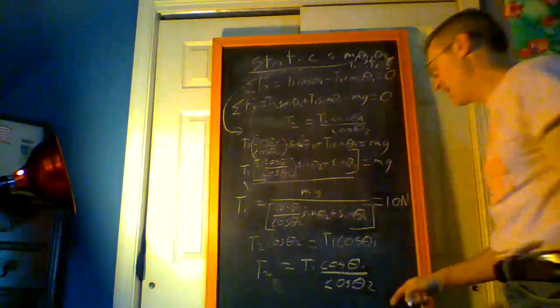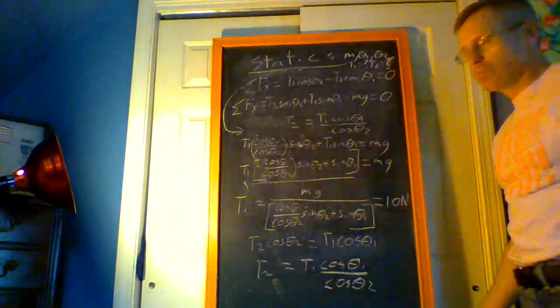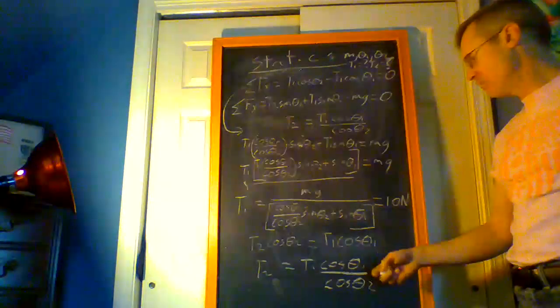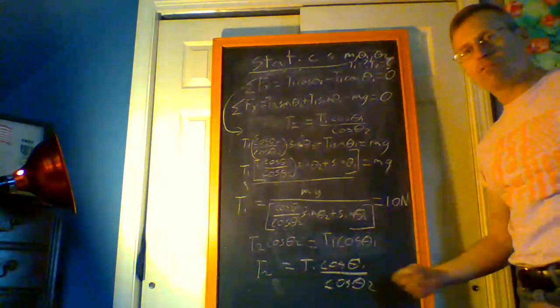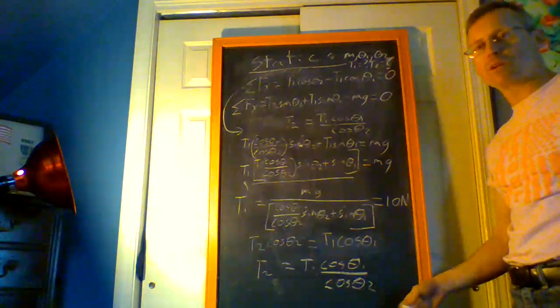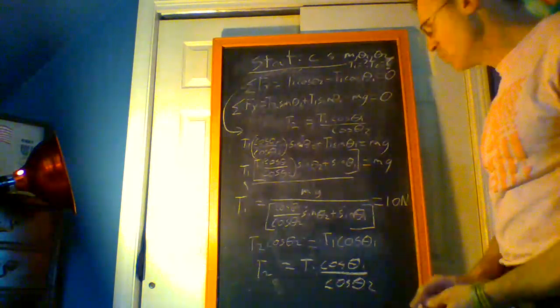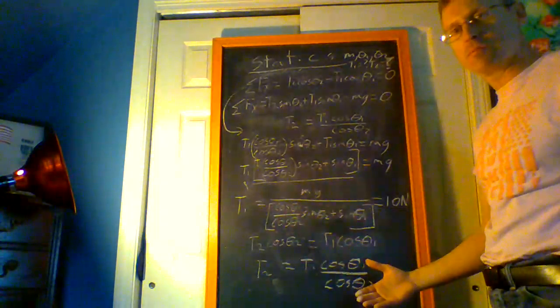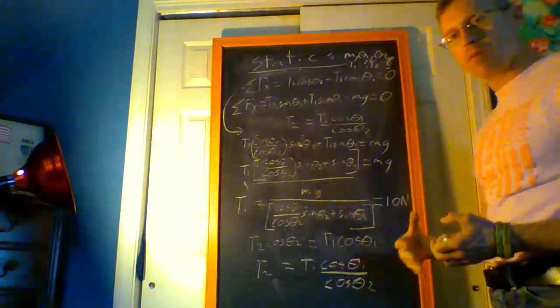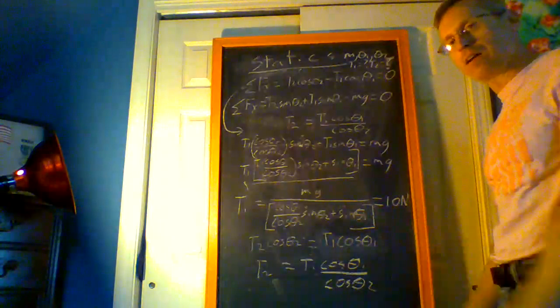If the angles are known, we pretty much have this. So T1, let's say, is 10, theta 1 is 30, theta 2 is 40, whatever. We got it, and we solve the problem: what are the two tensions that are holding up this mass? That's a statics problem.